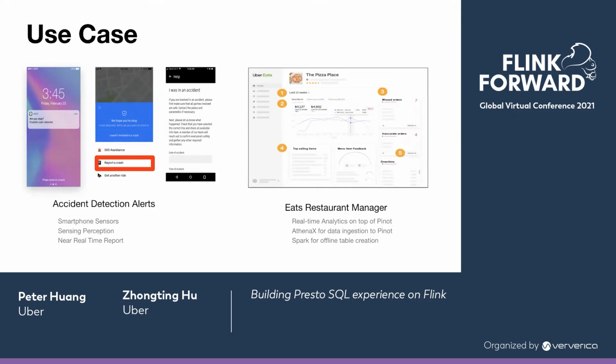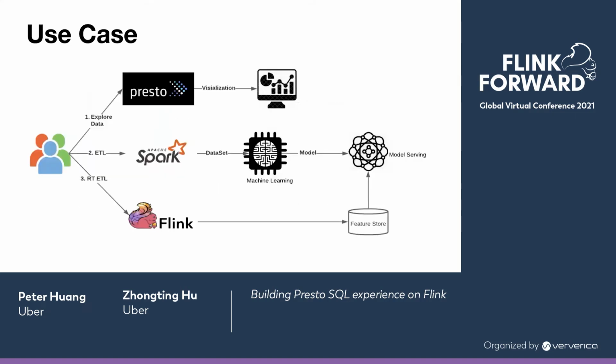Users usually use Spark SQL to create the initial table for uploading data from Hive to P-node. And users also need to use AthenaX for real-time ingestion of the P-node table. In the end, users use Presto SQL in Neutrino to get the real-time data for serving the data in the real-time dashboard.